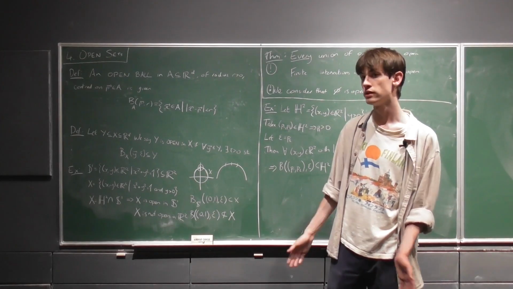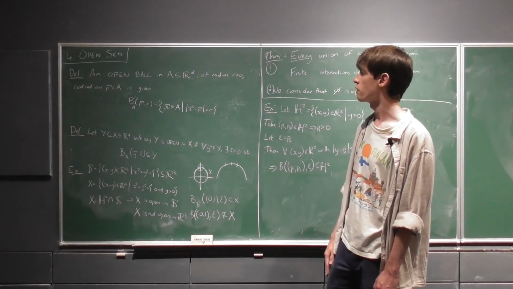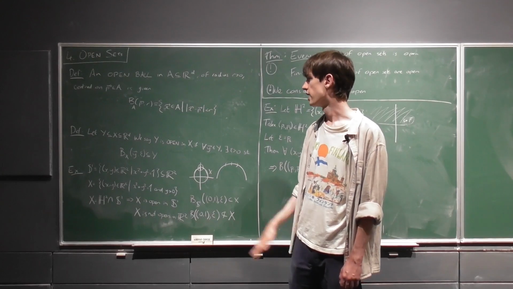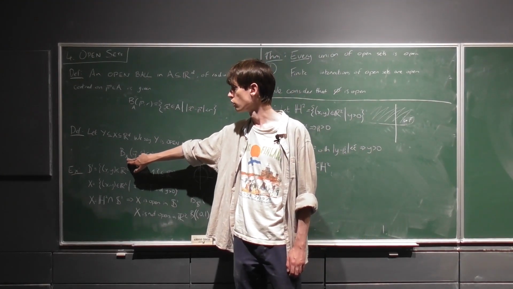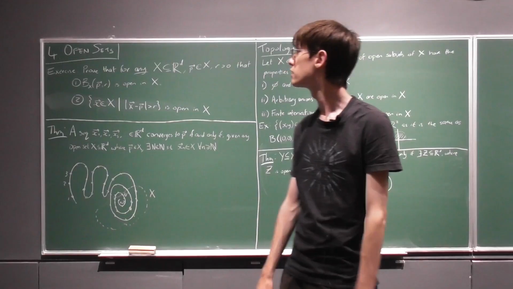If we're talking about open in general, we'll just mean open with respect to R^d, but we'll say open in another set if we want to clarify that it's this sort of relatively open with respect to a ball within that set.